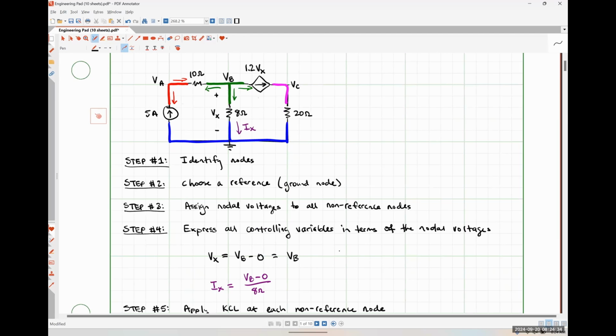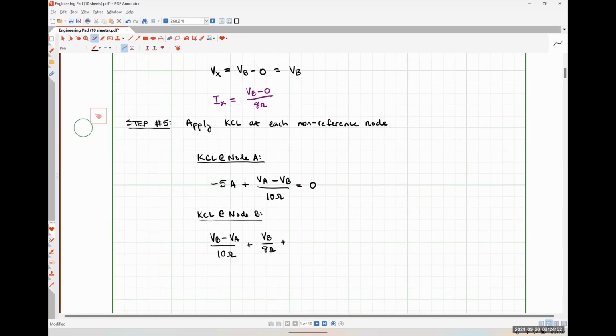We just wrote the current and then made sure that since the direction was in the opposite, we put a negative sign. This one is in the same direction, so we just add the current, right? Because Kirchhoff's current law is just adding current, so why do we need to make it any more difficult than using the current they tell us? We don't. So it'll just be plus 1.2 Vx, and we'll set this equal to 0.